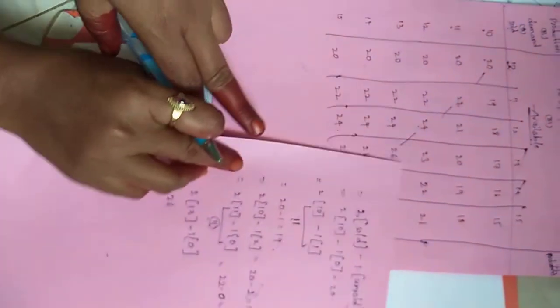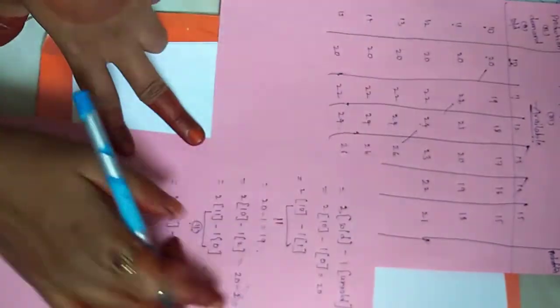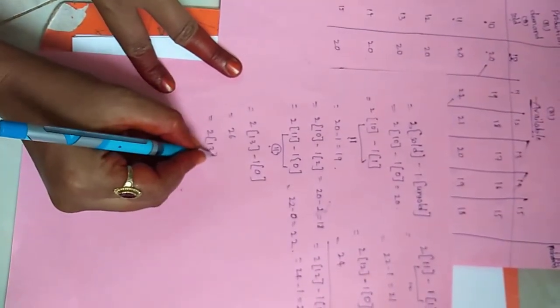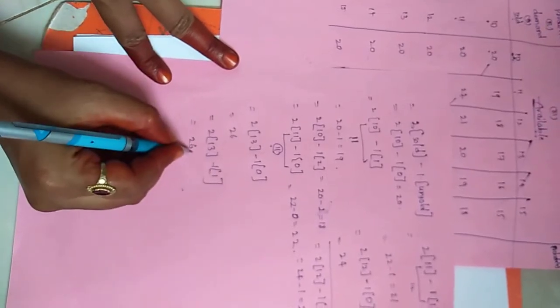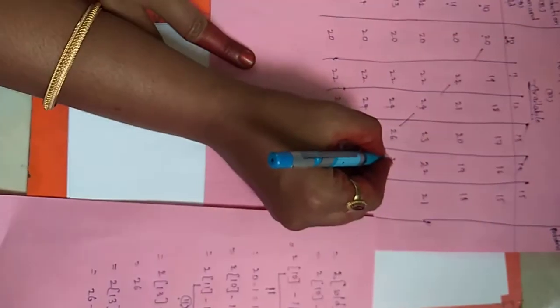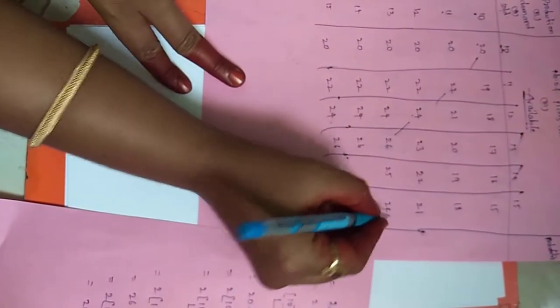Next, here we have 14 available, but we have sold only 13. So it means 2 into 13 minus 1 into 1, that is 26 minus 1, which is equal to 25. You just copy 25 here and then 24 here.